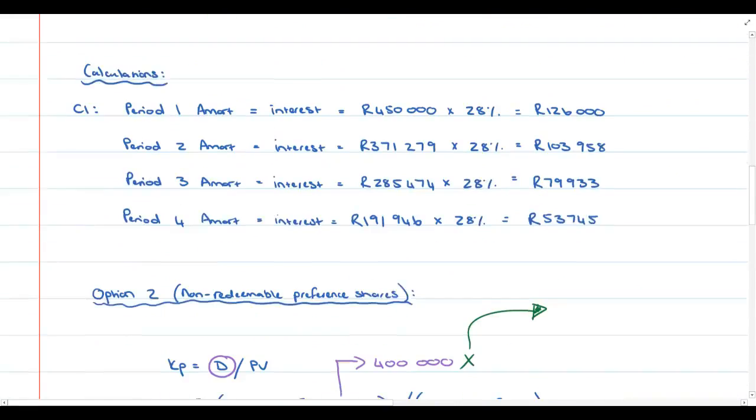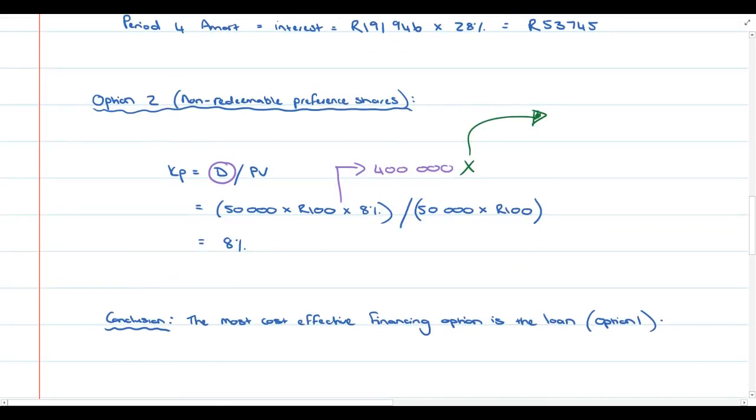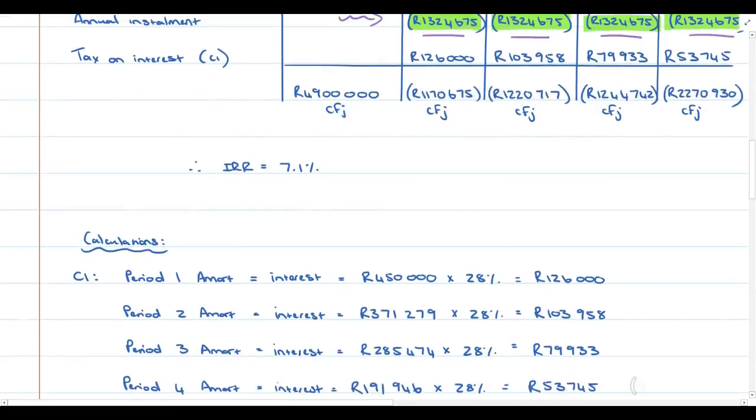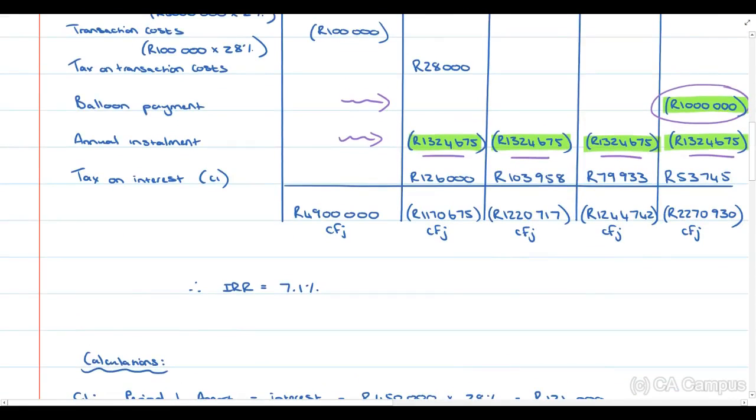It's also important to note with the preference shares, because they are not repaying capital, they are only paying dividends every year. The annual cash outflow is obviously a lot lower. So this is a lot safer. They only need to make sure that they have cash inflows that are sufficient to cover cash outflows of 400,000 Rand each year. Whereas the loan has much larger commitments that need to be met.